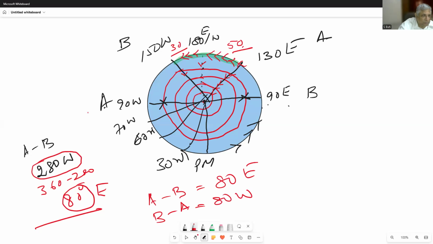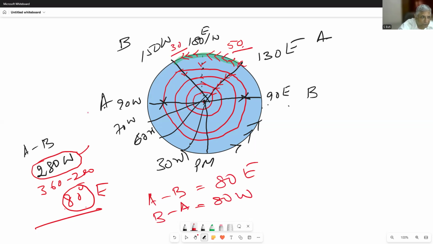Add them up. Destination is west. Annotate it as west. But if it is more than 180 degrees, then 360 minus this sum, that balance is your change of longitude. So between these two places, the change of longitude will be 80 degrees.